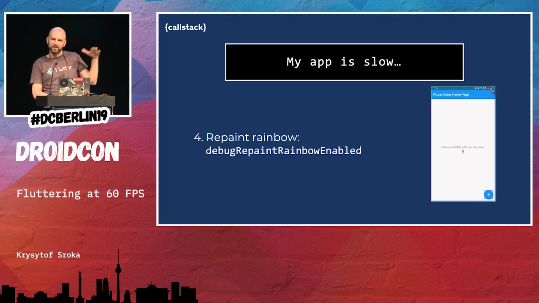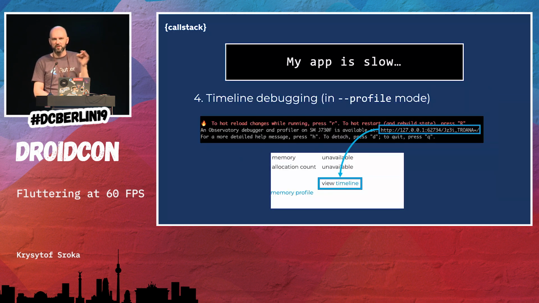So this is a rainbow color. It just progresses through the colors of the rainbow so that you can have a visual hint of what gets repainted. So that's another maybe not very advanced tool, but if you, for example, don't expect something to be repainted and it does, like a widget that doesn't even change its appearance, it can give you an idea, hey, this might be a source of a problem.